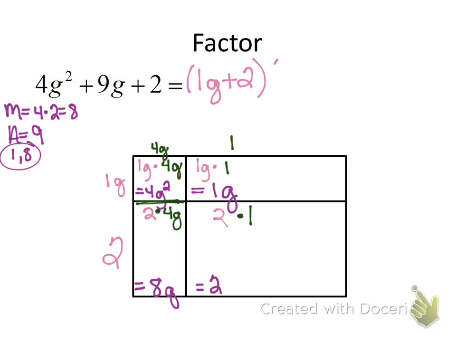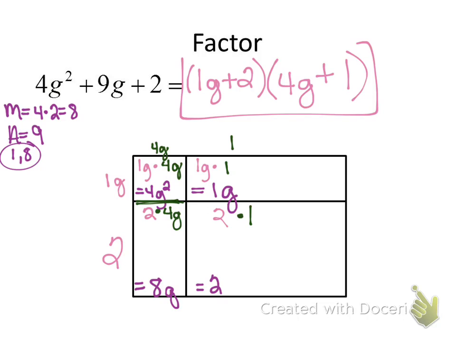Because it's height times width, okay? So what's your width? 4G plus. And then close parentheses. And box it. It just makes it easier for me to determine your final answer.